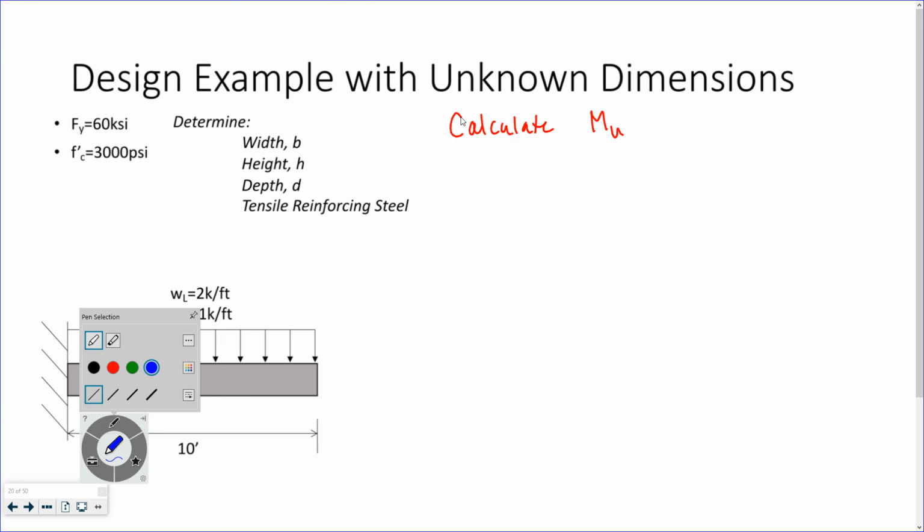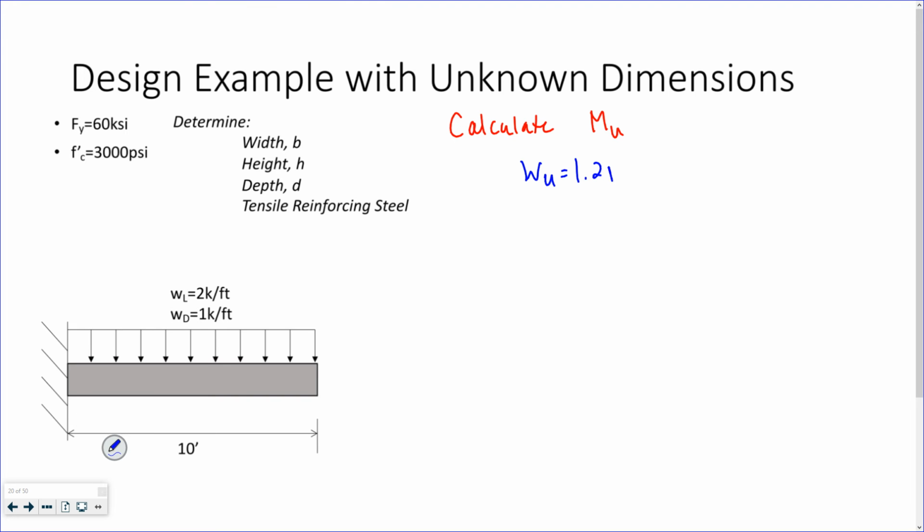So let's calculate a factored load, 1.2 dead plus 1.6 live: 1.2 times 1 kip per foot plus 1.6 times 2 kips per foot. That should give you 4.4, not 44, 4.4 kips per foot.